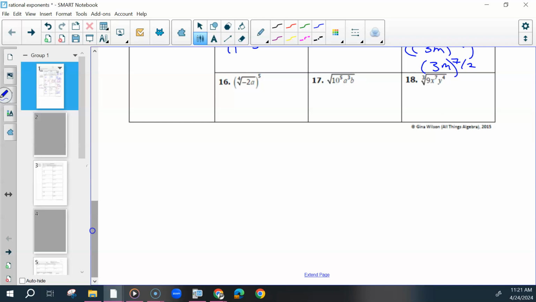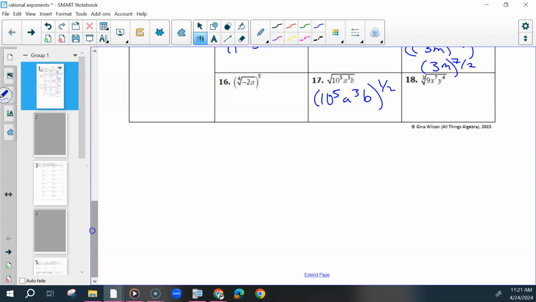So all of this is going to be to the what power? Not second, but as a fraction. 1/2. So it would be 10 to the 5th, a to the 3rd, b, all to the 1/2. And if I was simplifying, I would keep going, but I'm going to leave that one as is.